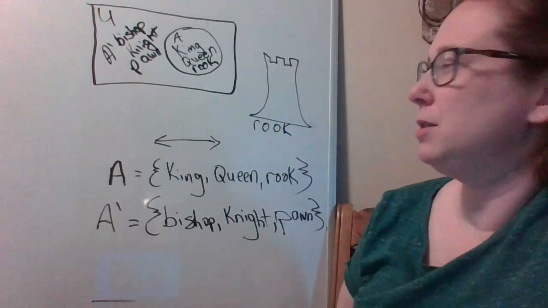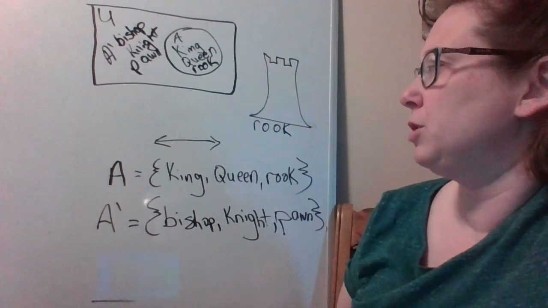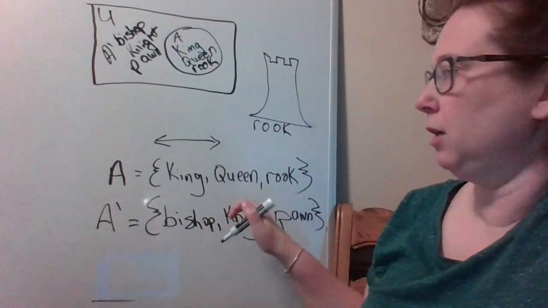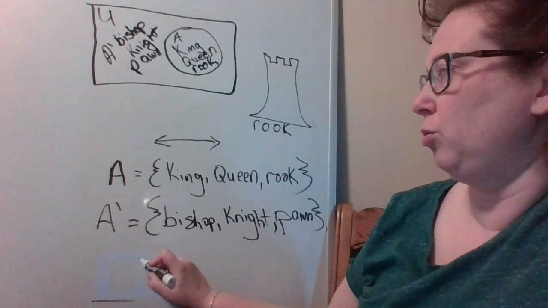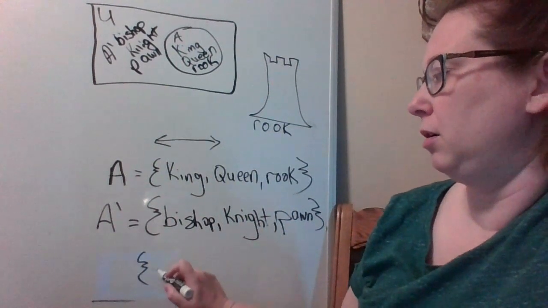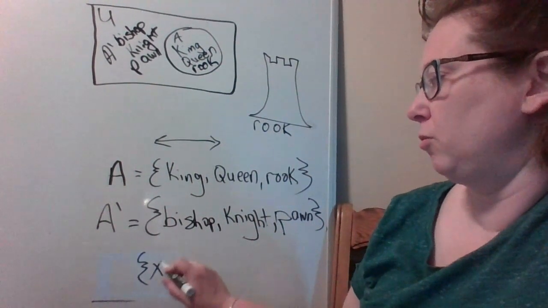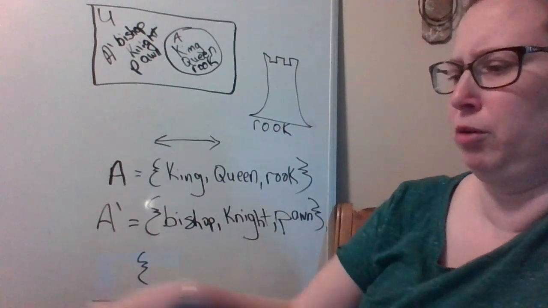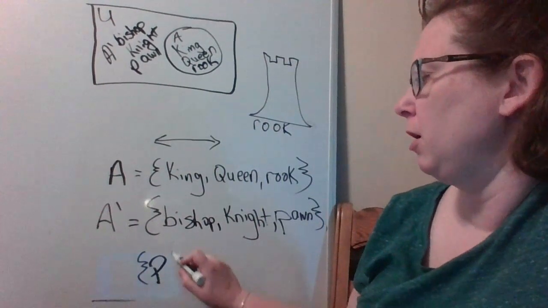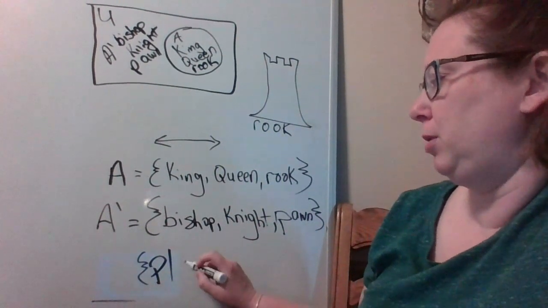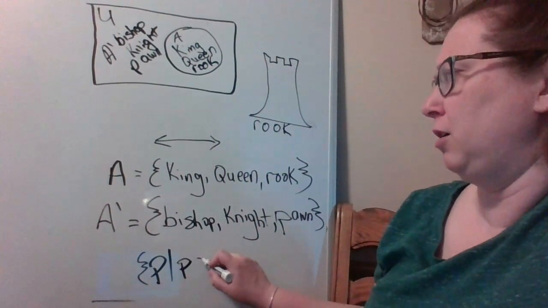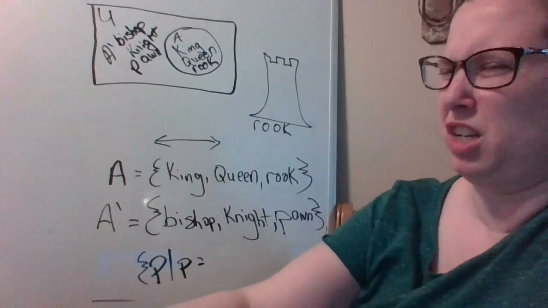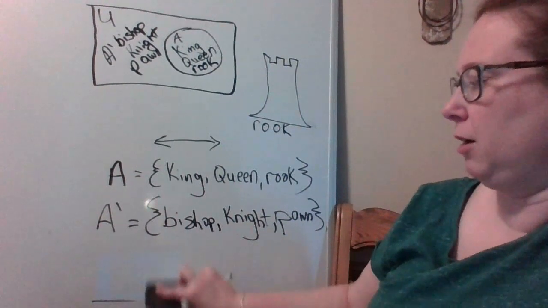If you wanted to list these in set builder notation, it's a little awkward because you're still just listing. At the beginning, you would add whatever variable you want to use. Let's use C for chess, or P for pieces maybe. Use P. So P is such that P equals, and then you would list. So set builder notation really isn't great here.